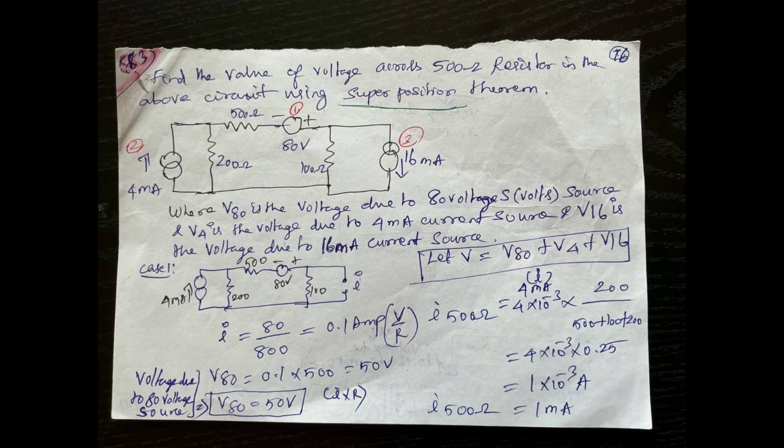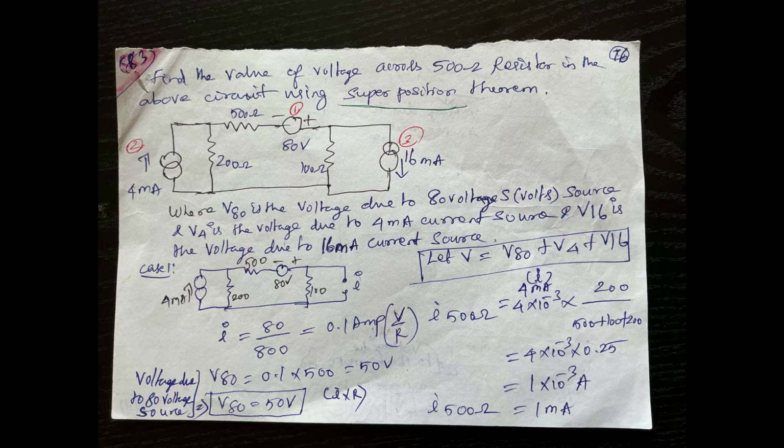For finding V80, I is 0.1. For finding V4, the voltage due to the 4 milliampere source, it depends on the 500 ohm resistance. So that current is 1 into 10 power minus 3 ampere. We find the value: I500 is 1 milliampere.